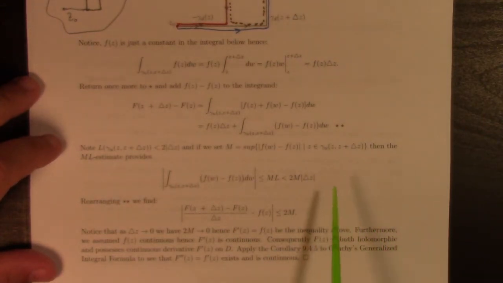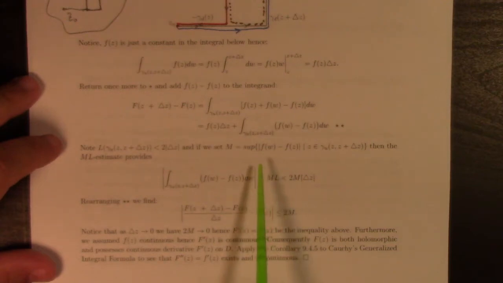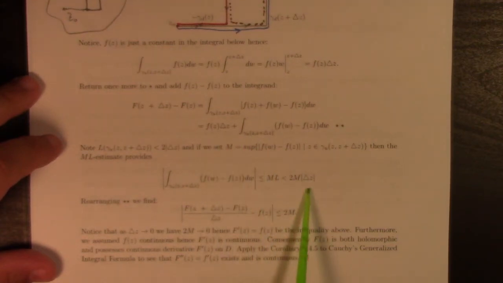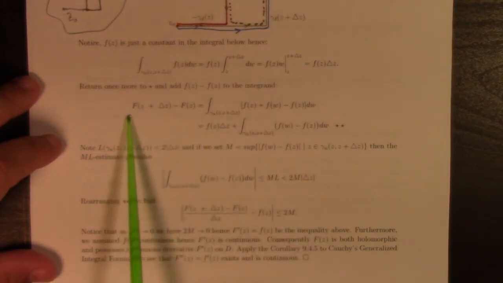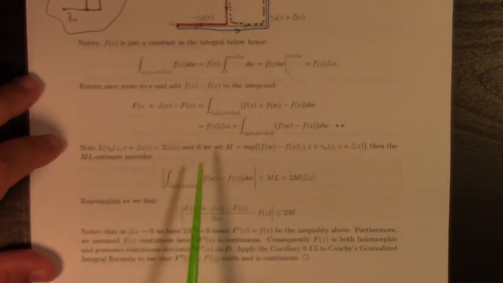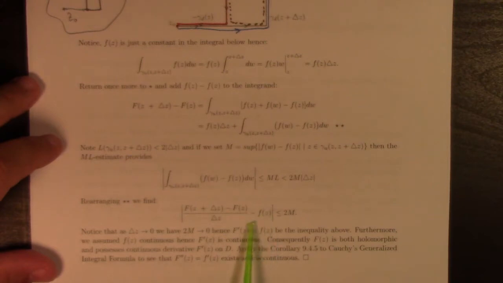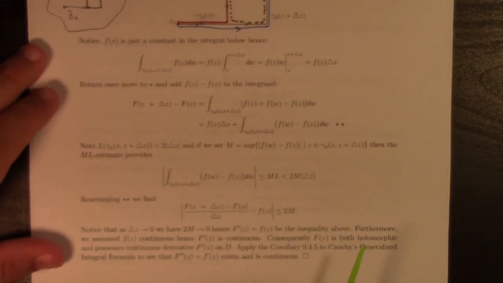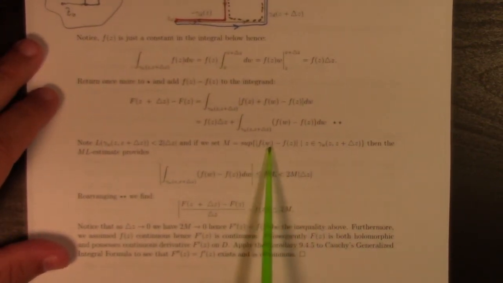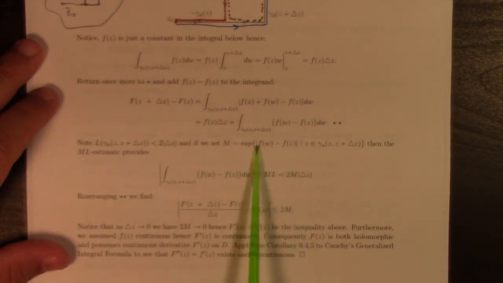And so let's put it all together. We got a delta z here, we got delta z there, well, the magnitude of delta z there. And so if we take this expression and divide by delta z, we've got the absolute value of the difference of the big F's divided by delta z minus little f of z is less than or equal to 2M. All right, but if you look at how M was defined, M is the supremum of the difference between f of w and f of z.